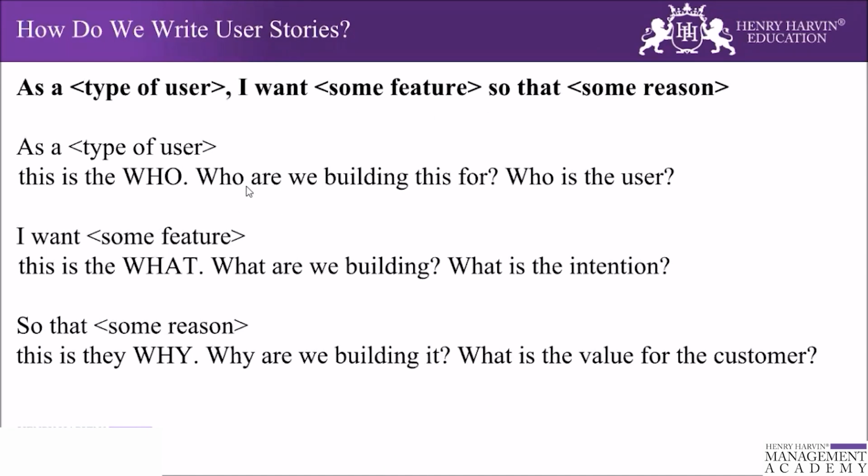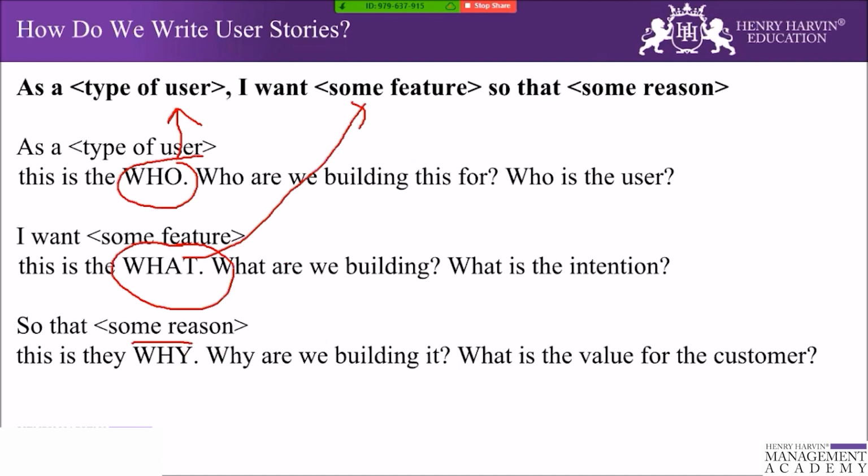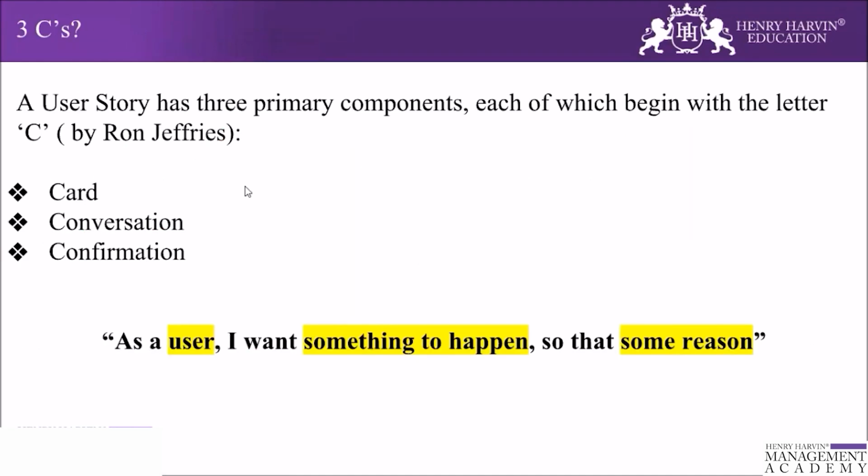The first part is who is going to do it. The second part is what we are going to build, and the third part is why we are going to build it, meaning what value we are going to add to the customer with this implementation.